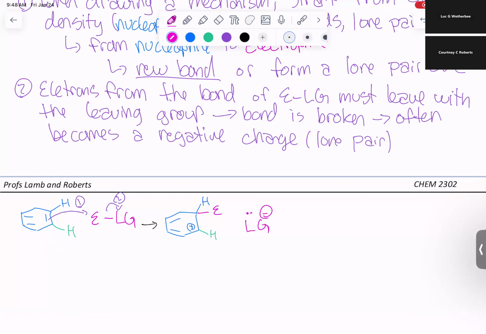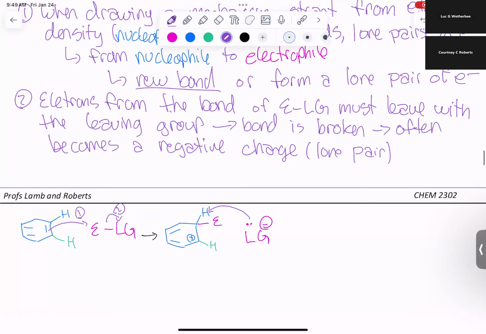What we can do is take a third arrow, and that lone pair, where the arrow is going to originate from, can go ahead and deprotonate that CH bond. So that's arrow number 3. And as soon as it deprotonates that CH bond, we now have those 2 electrons in that CH bond that we can give back to our benzene ring so that we are quenching that carbocation.